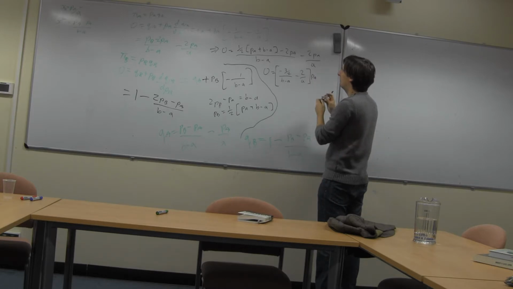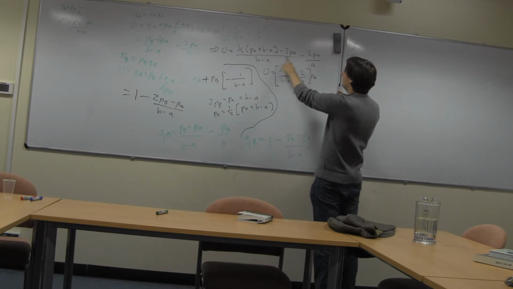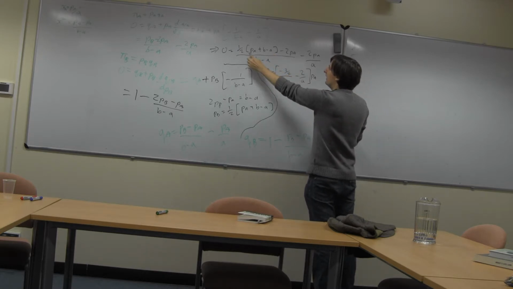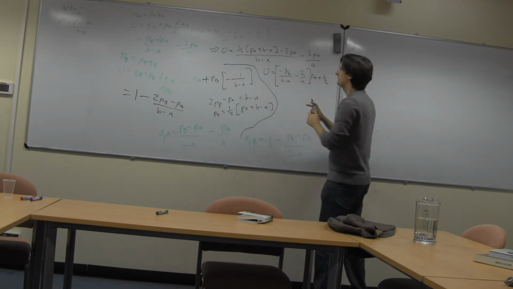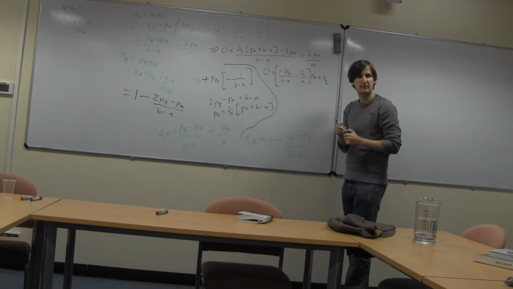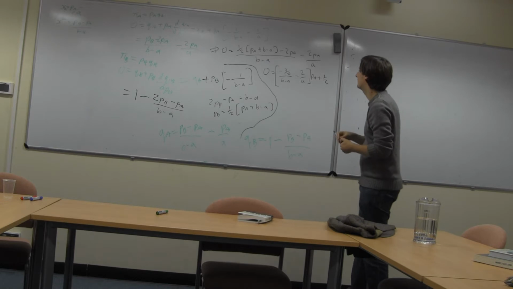And then we have everything else that's left over. What's left over? It's only this term that's left over, so we have half b minus a over b minus a. So that's just a half plus a half. Does that make sense?